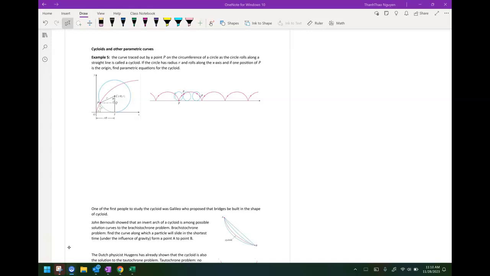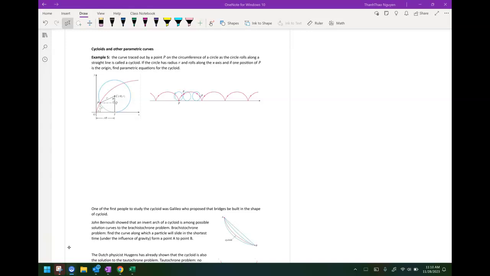Now we choose the parameter: the angle of rotation theta of the circle. When theta equals 0, P is at the origin.